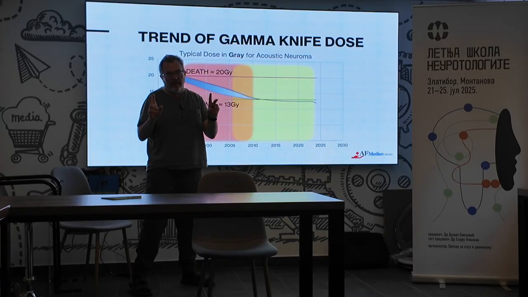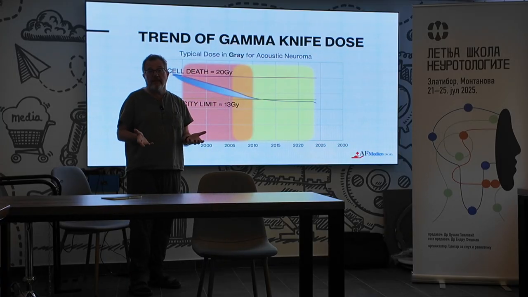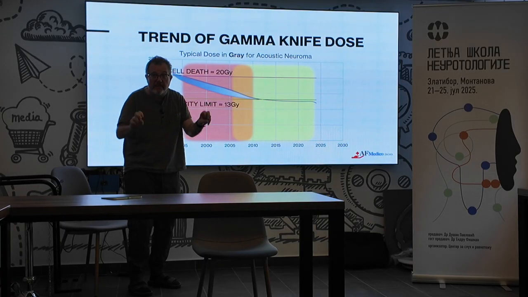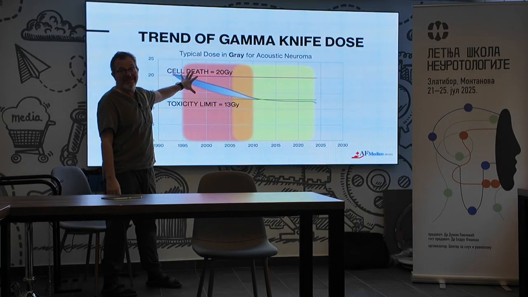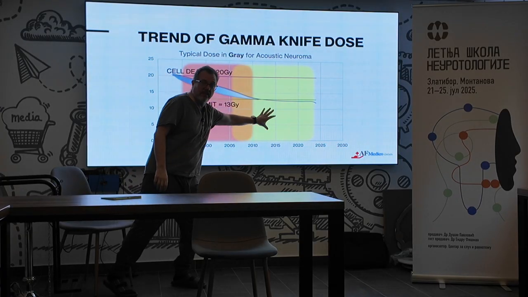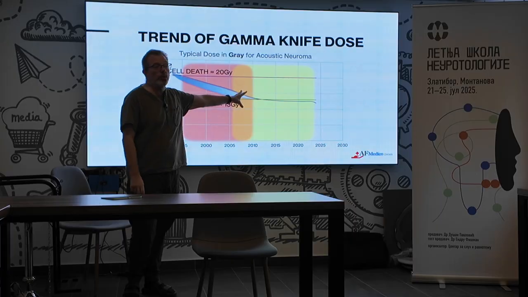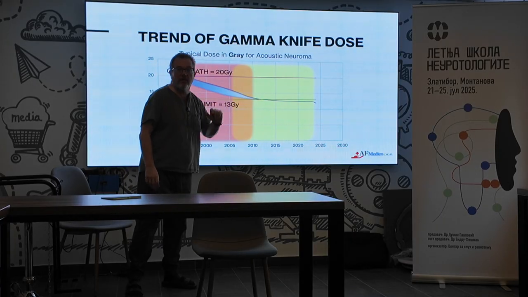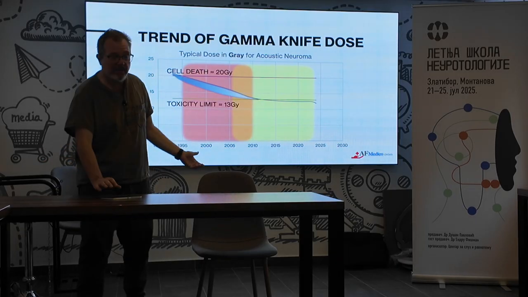So a lot of the data that you'll hear presented has control rates, no growth rates of these doses, and complication rates of these doses. So it's too soon to say what 12 gray is going to actually do to patients.